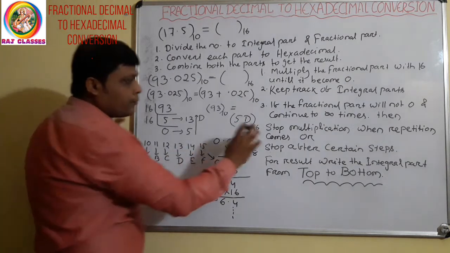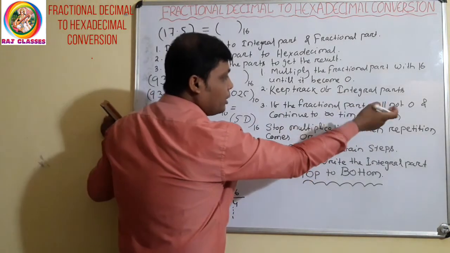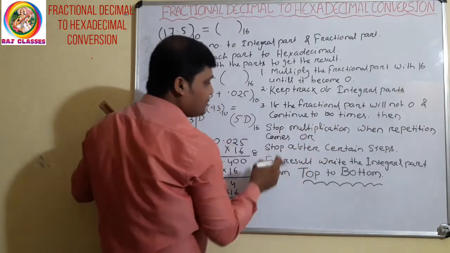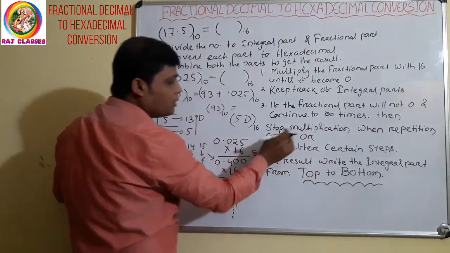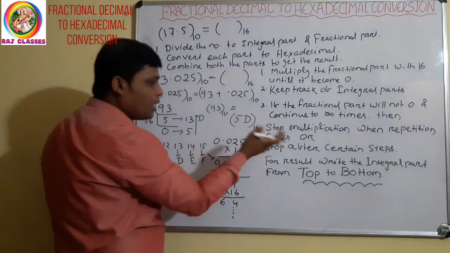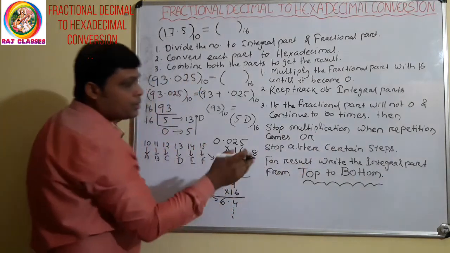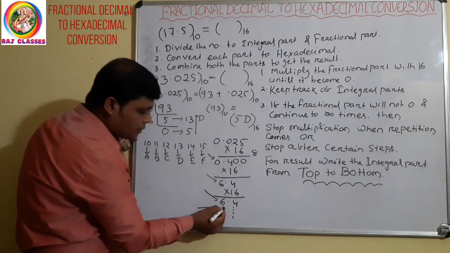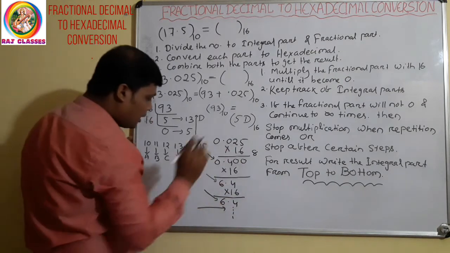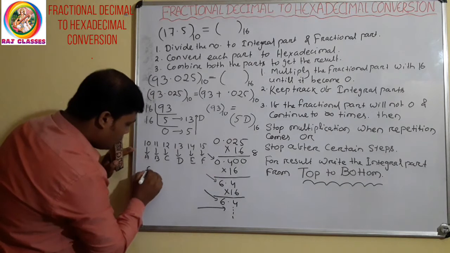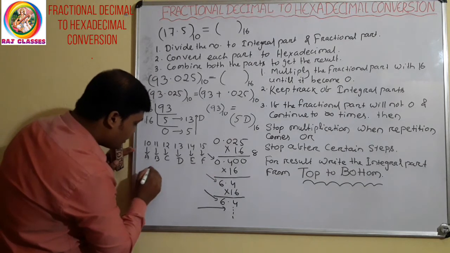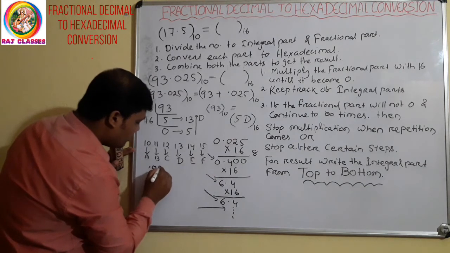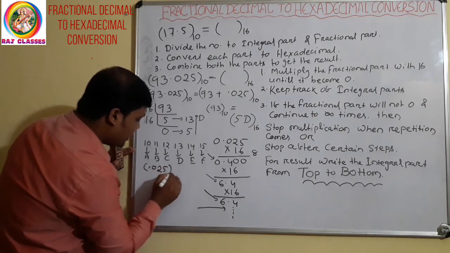If the fractional part does not become zero and continues infinitely, then stop the multiplication when repetition comes. Here repetition is coming, so we have to stop. Otherwise, stop after certain steps. Here, after 3 steps, I can stop. What will be the result for 0.025 base 10?